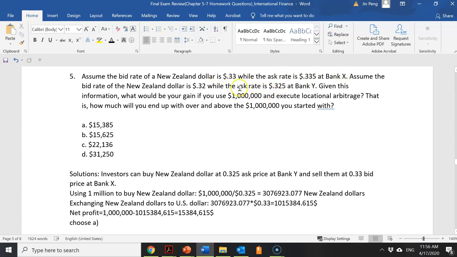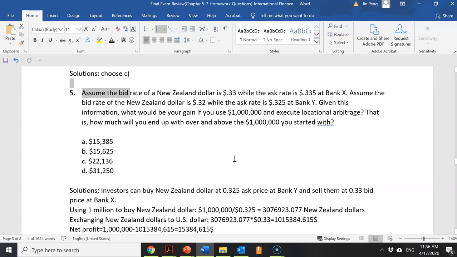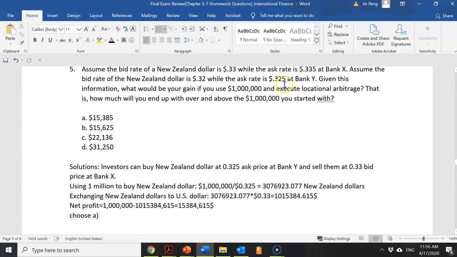And again, the ask price is the selling price for the bank, so it could be the buying price for the investor. And the bid price is the buying price for the bank and could be the selling price for the investor. So we can buy at 0.325 and sell at 0.33. So we can use this 1 million US dollars to buy New Zealand dollars first, dividing by the purchase price, $0.325.